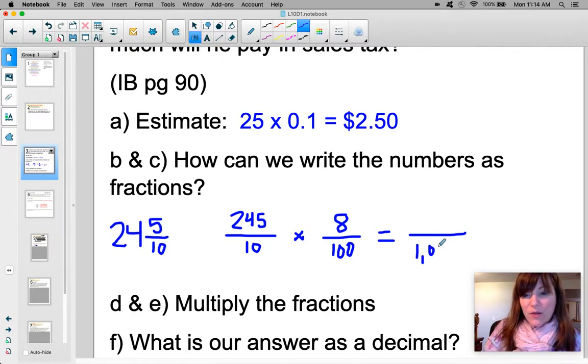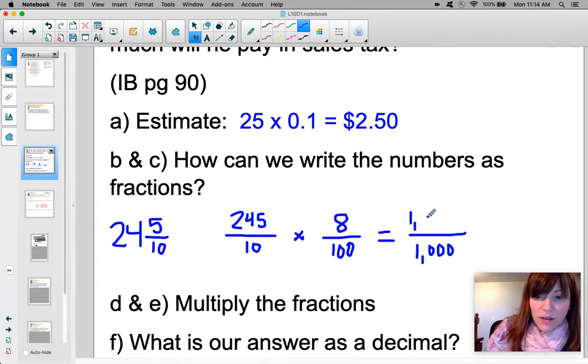And then when we multiply the numerators, 245 times 8, we get a larger number of 1,960. Just making sure I have the right numbers.